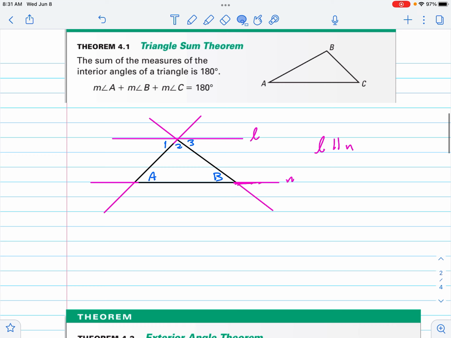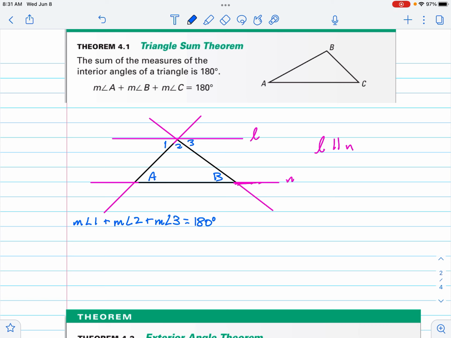Now, I'm going to kind of prove something to you. We have been doing these two-column proofs, but let's see if we can argue through and not have a two-column proof, just prove it in paragraph form. One of the things we know is this: the measure of angle 1 plus the measure of angle 2 plus the measure of angle 3 equals 180 because they form a straight angle.